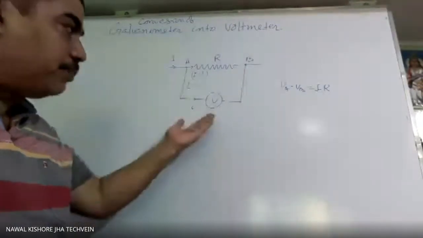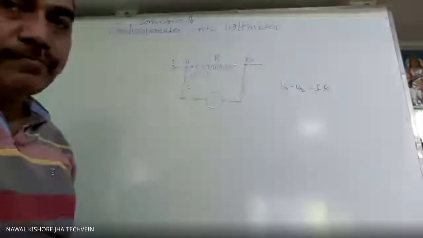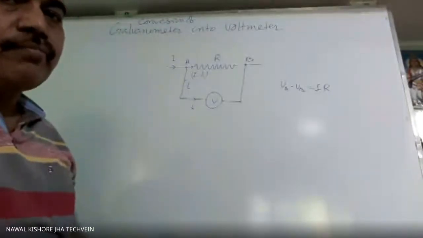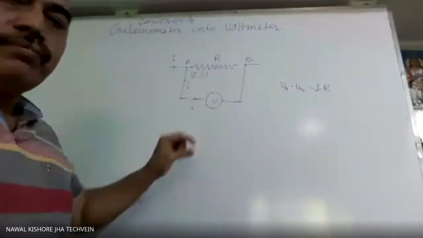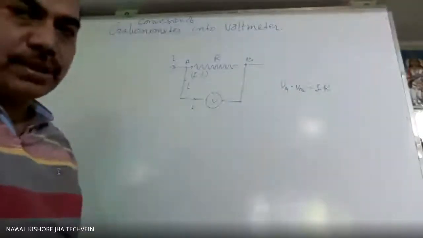Now voltmeter is basically a galvanometer. So how will we make the resistance very high? By connecting a very high resistance in series to the galvanometer.